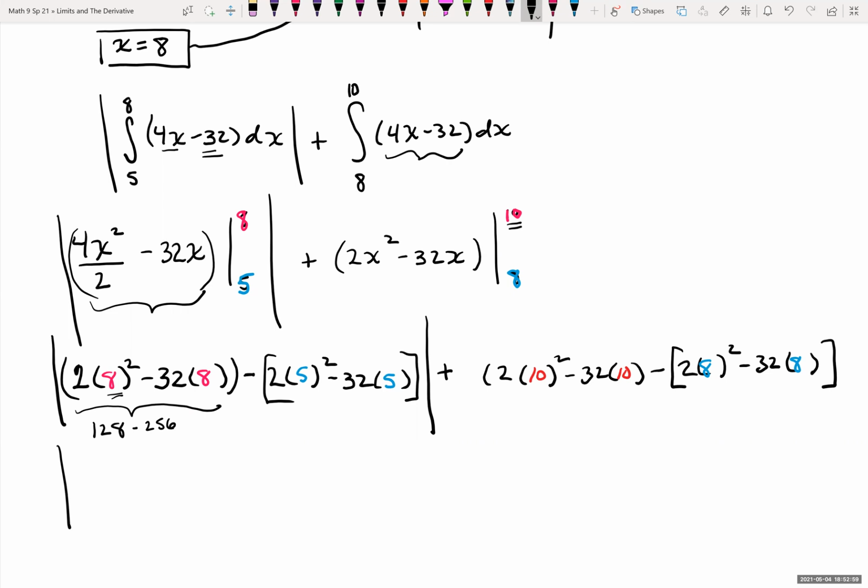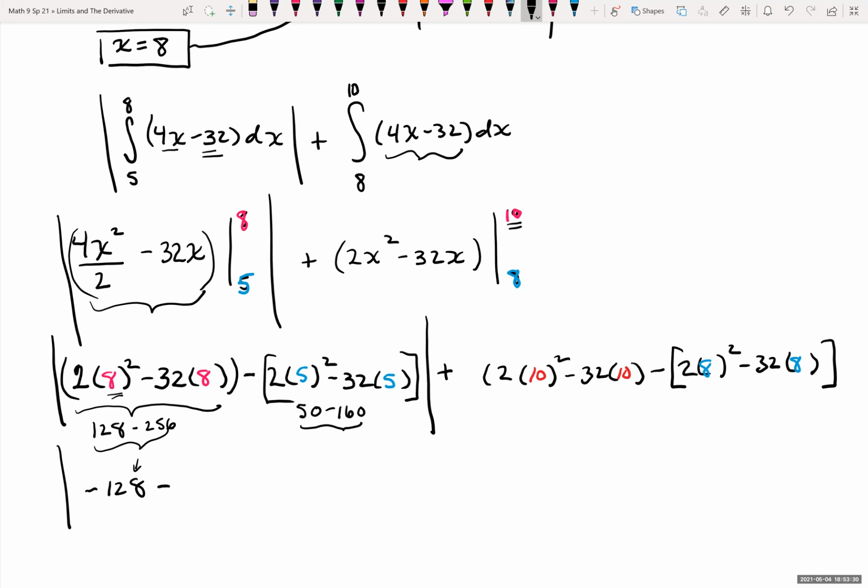So 128 minus 256 is negative 128, minus, so inside our bracket, 5 squared is 25 times 2, that is 50, minus 32 times 5, which is 160.